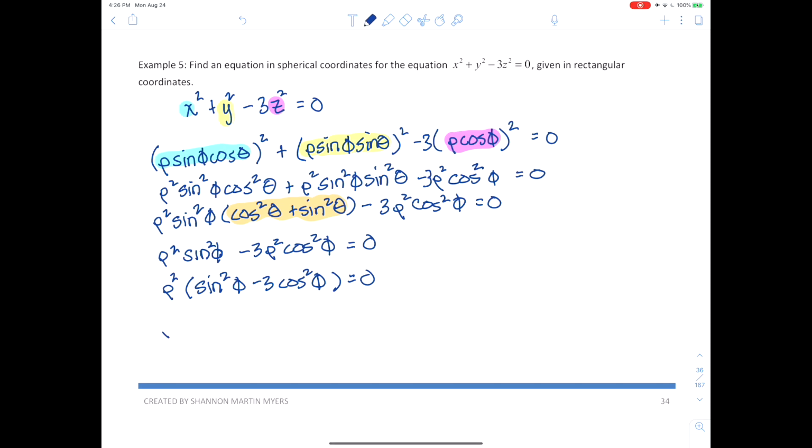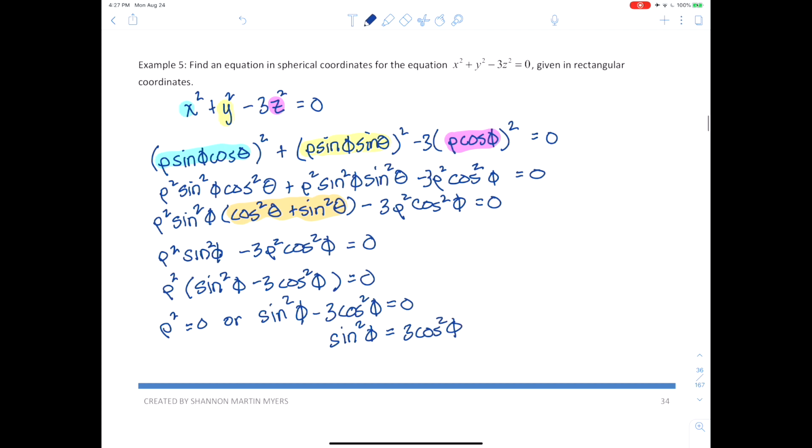So we get rho squared is 0, or sine squared phi minus 3 cosine squared phi is 0. And so that would give us what? Sine squared phi would be 3 cosine squared phi.